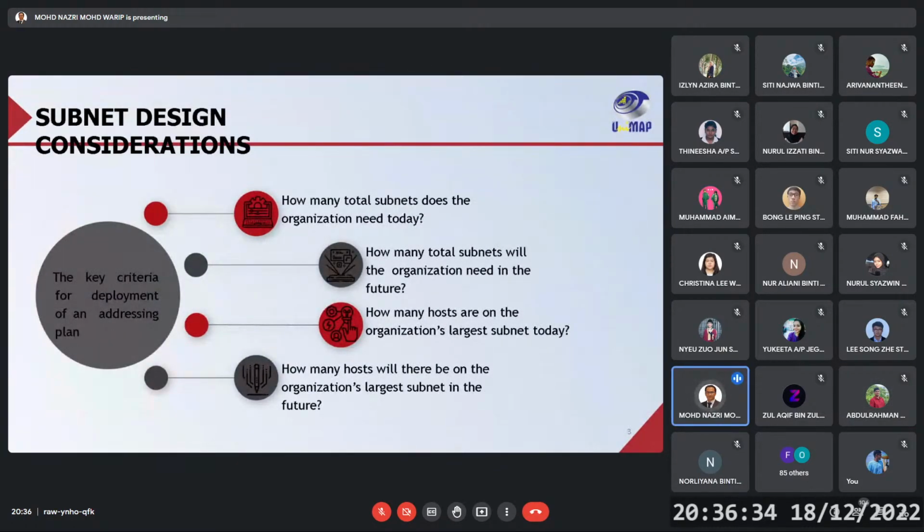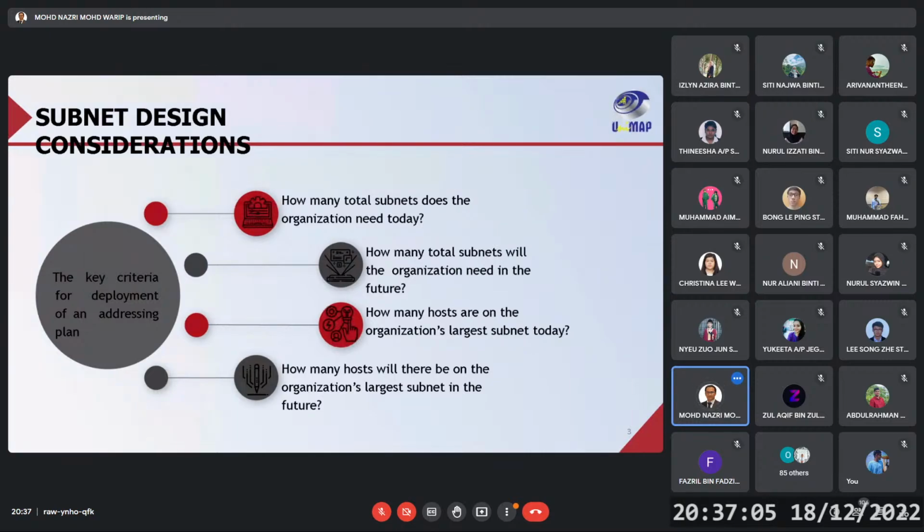It doesn't mean you need to design by floors. You can design by department. Maybe in one floor there are 3 departments, so you should have 3 VLANs. Or maybe you want to design based on floor. Ground floor maybe VLAN 1, then second floor maybe VLAN 200. It depends on you how you want to design it.